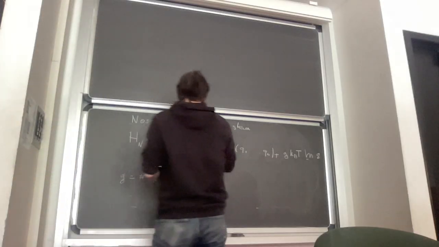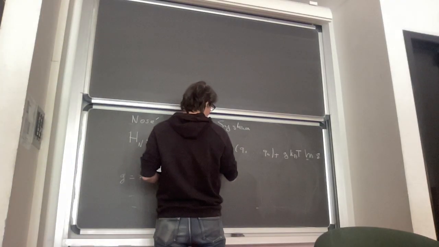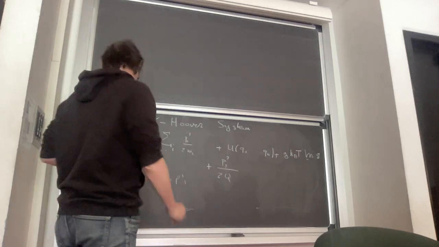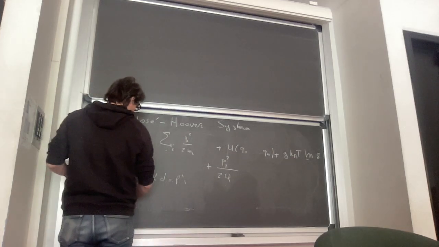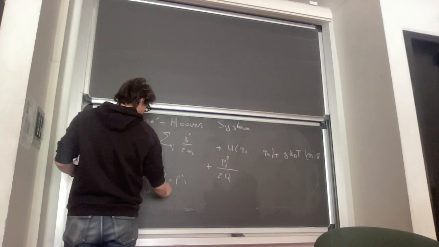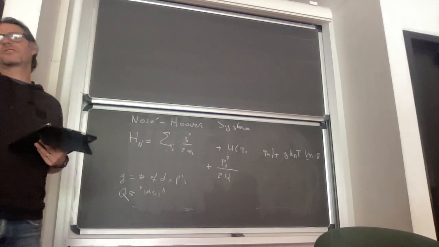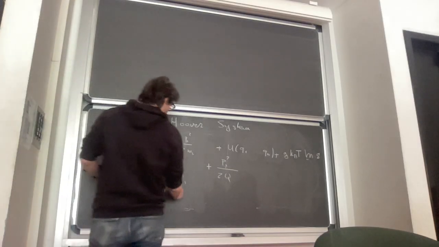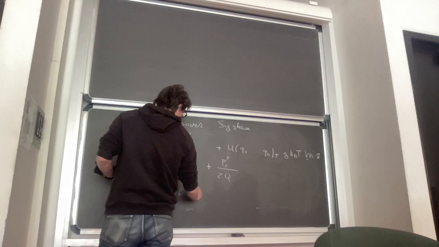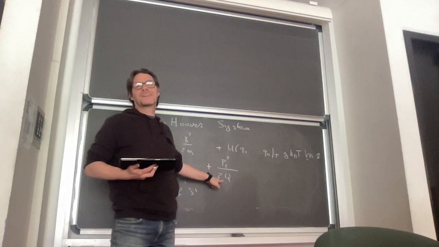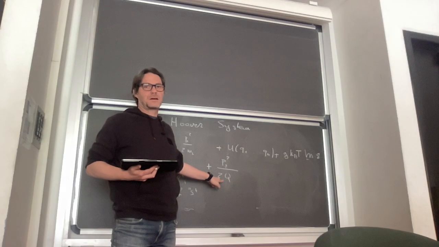So let's add a kinetic energy for the S field. Q is a tunable parameter and is the mass, and I'm using inverted commas because this is not really a mass. It's not a real particle. Why is it called a mass? Because P squared over 2m is the kinetic energy in a Hamiltonian system.